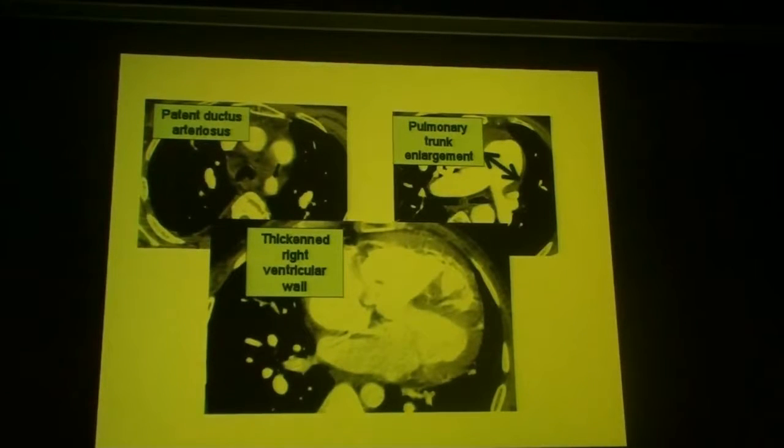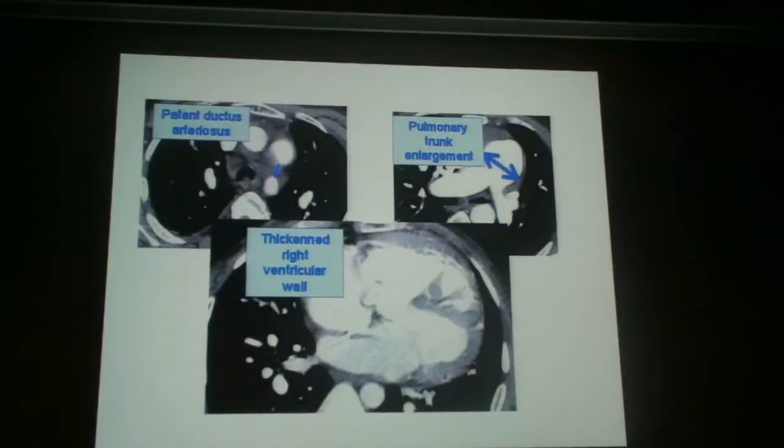There's first something which is related to the pulmonary hypertension. It's the thickened right ventricular wall. It is as thick as the left myocardium. It's very abnormal. And the second abnormality is the ventricular septal defect.